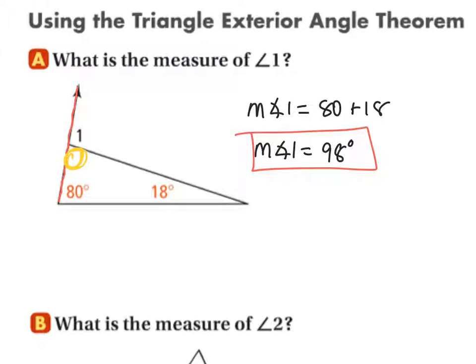Right? So I'd get 82 degrees. And then once I knew that was 82 degrees, I could use my linear pair postulate and say that the measure of angle 1 plus 82 must add up to 180. And guess what? I get the same answer. I get 98 degrees. Okay? But that way's a little longer. That's why having that exterior angles theorem is nice. It's handy. Okay? Questions on finding angle 1 both ways?